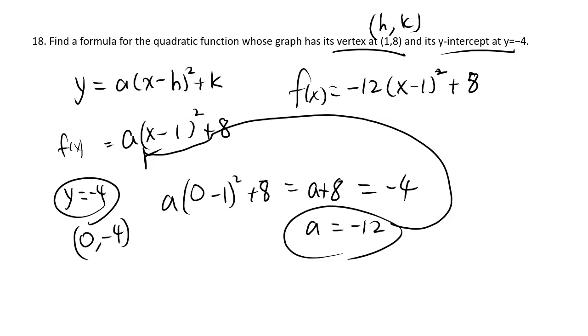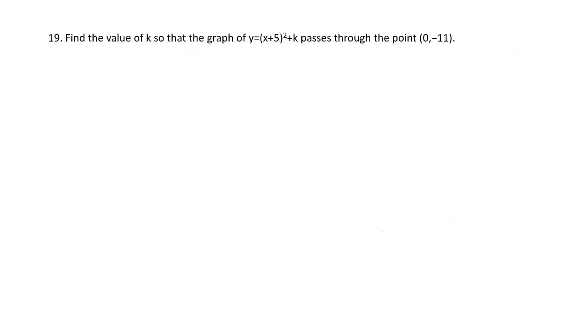Alright, so as you can see, when you're given information about a quadratic function and you have to figure out the formula, often you need to make the right choice. I solved these questions rather quickly, but if you choose the wrong formula and try to do it, it'll take forever. Okay.